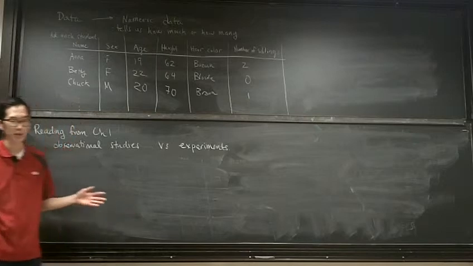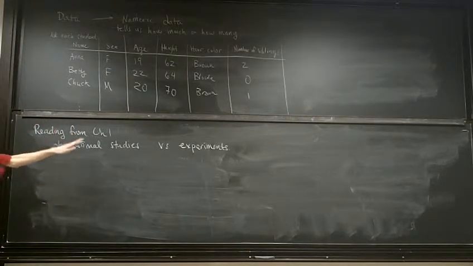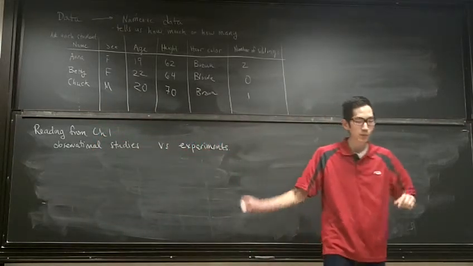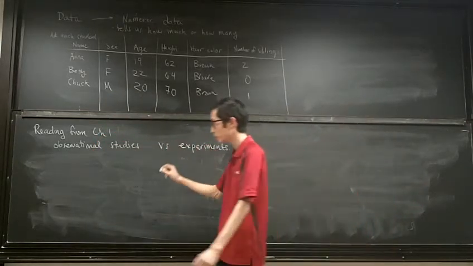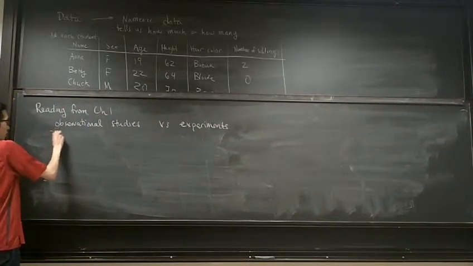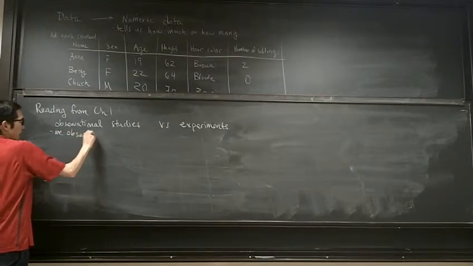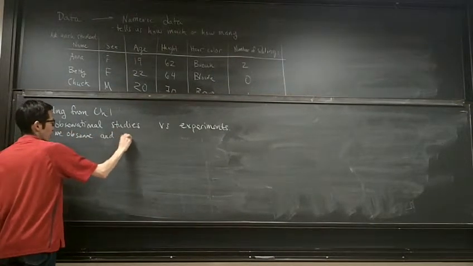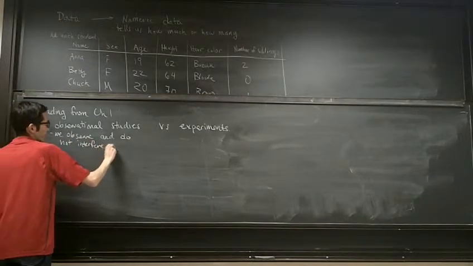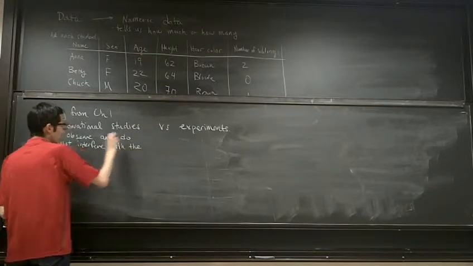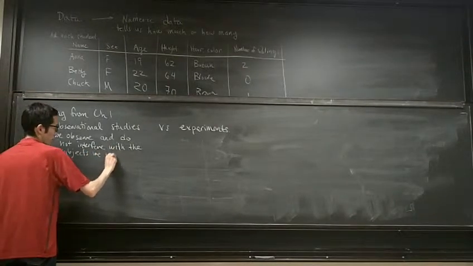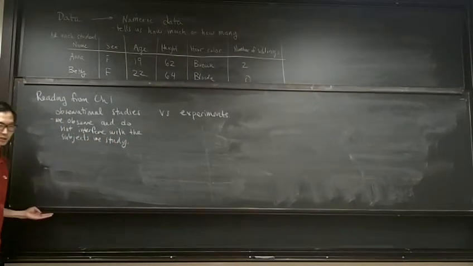You're going to have to read up on the difference between observational studies and experiments. I'm just going to summarize just the brief bullet point. The idea is that in observational studies we observe and do not interfere with the subjects we study. We do our best not to interfere with the subjects we study.